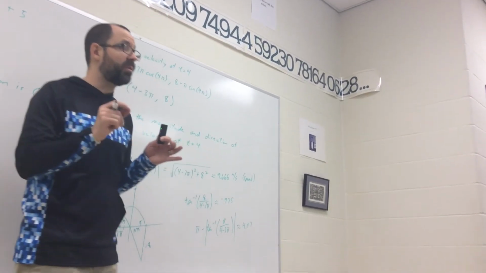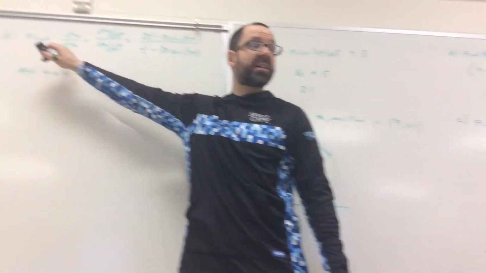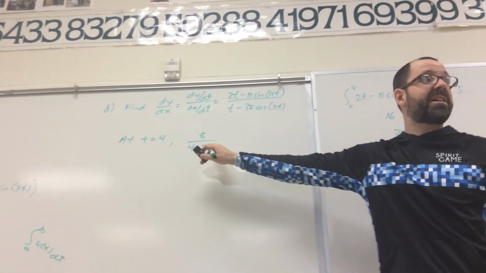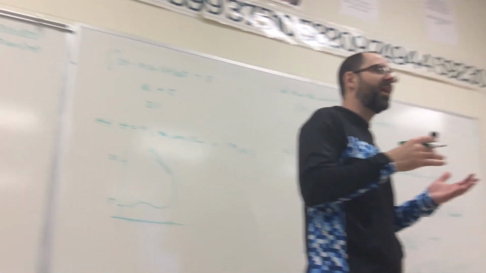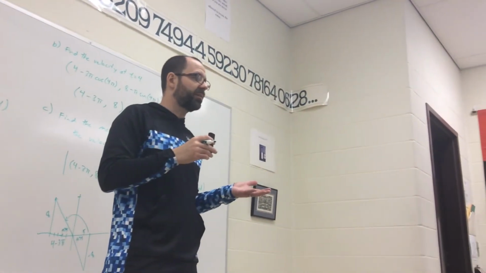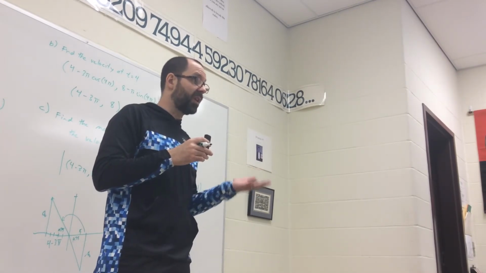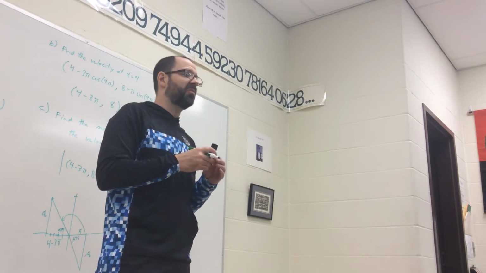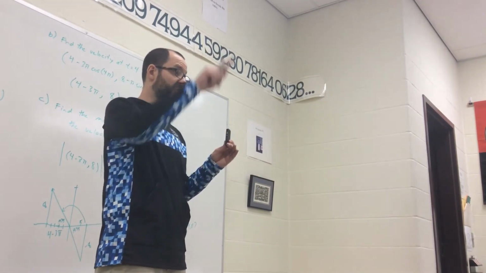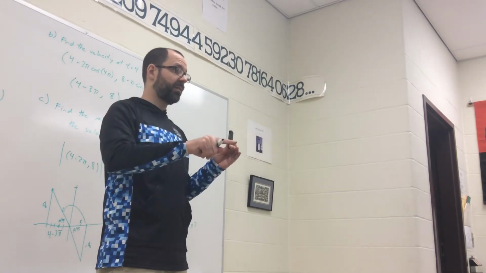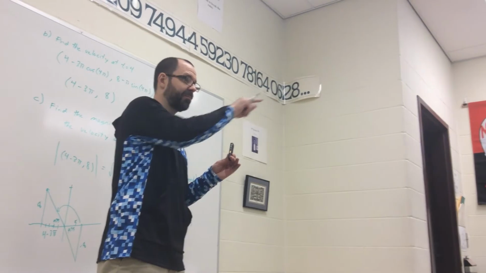That messes with people, because in the two-dimensional case, dy dx is the direction that it's moving in. But what is dy dx in the one-dimensional case? It's the velocity. When you have time down here and position here, then slope is meters per second.